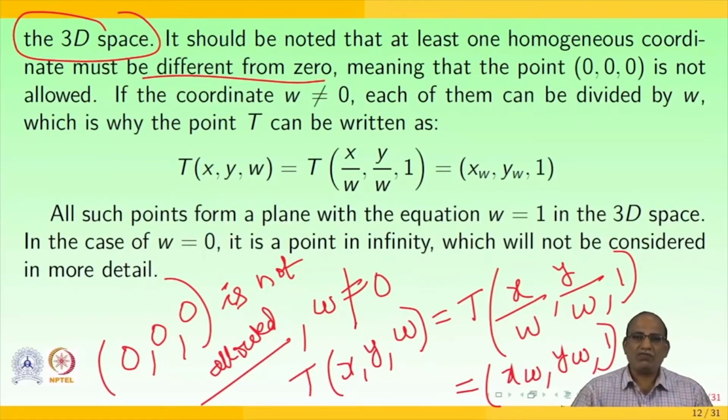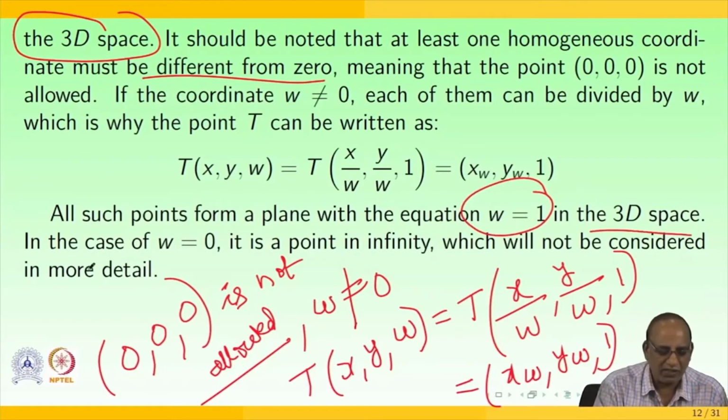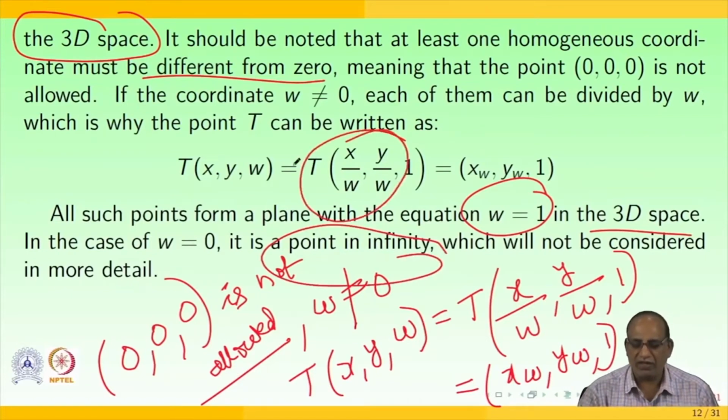All such points form a plane with equation w equal to 1 in 3D space. If w happens to be 0, then actually it is a point at infinity. So that case is avoided and not considered in more detail. If w is equal to 0, then the denominator is 0, so the whole fraction blows up. Therefore, that would be beyond the scope of this discussion.